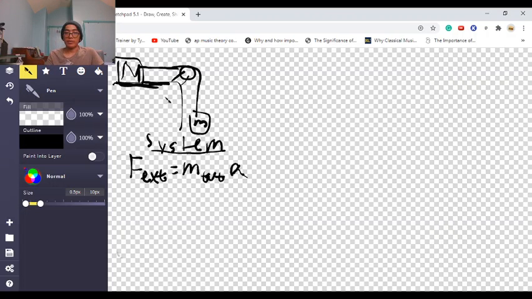Because of that, the only forces contributing to the system are not tension, but really the weight force of little m and the frictional force of big M. If you think about it, when the big M is moving, the only thing resisting this acceleration is the friction force.